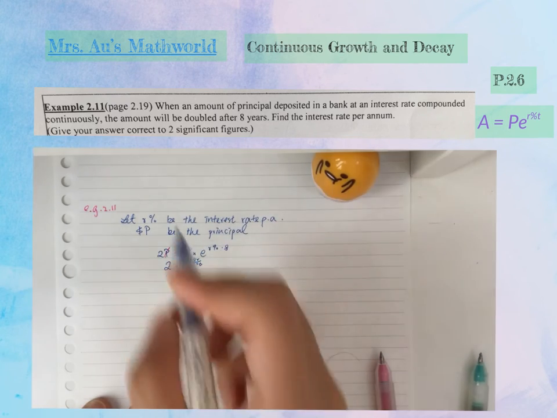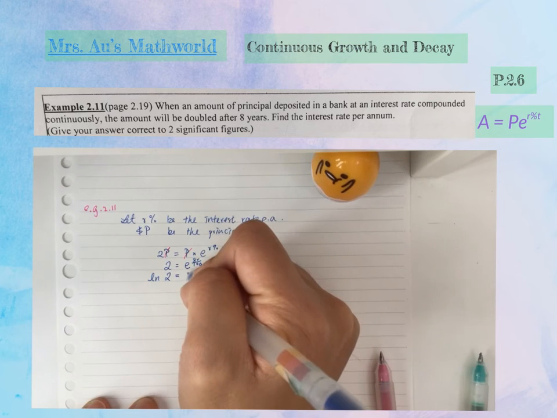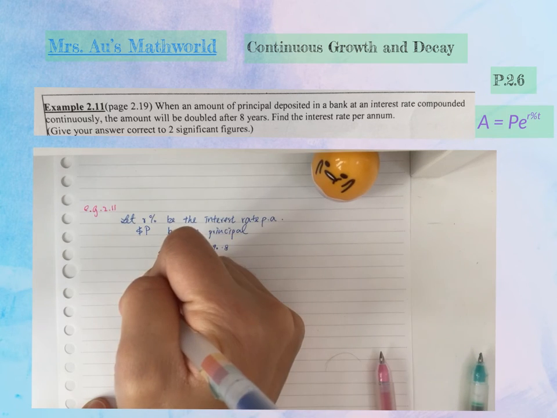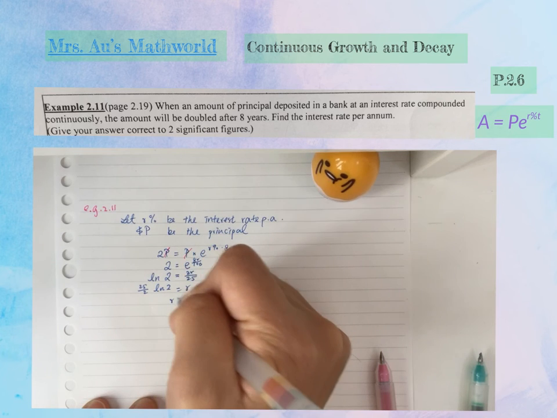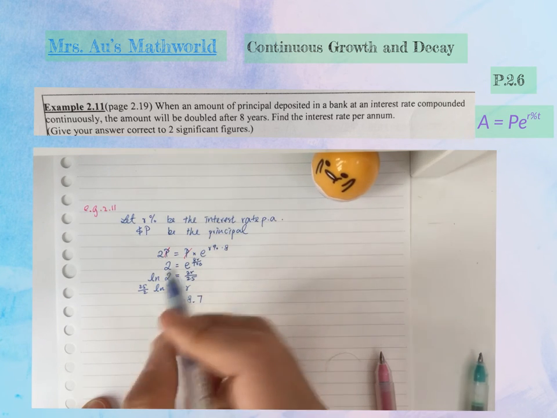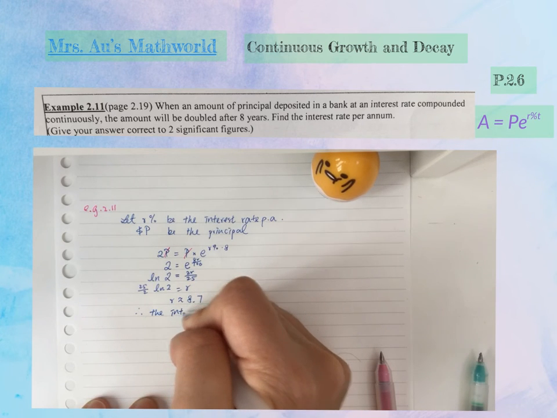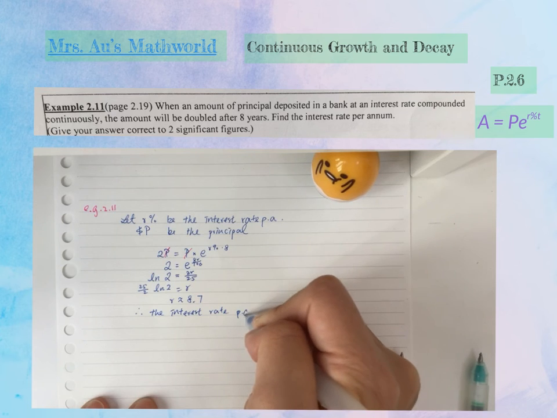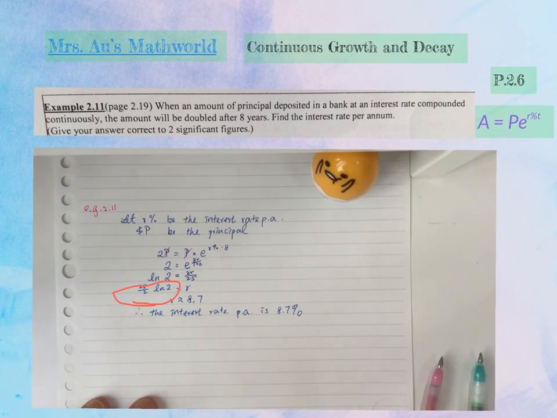And so right now we cancel out the P, so we get 2 is equal to e to the power 8R over 100. Simplify, you get 2R divided by 25. And then you can see that actually I have a habit, which is I will write down the value of R in this way.